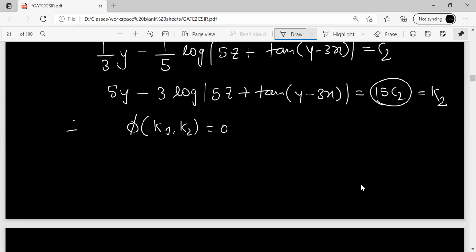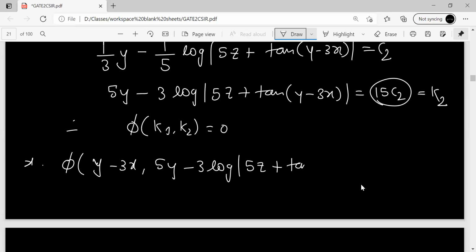You can write it in the blended form: phi of y minus 3x comma this entire quantity, 5y minus 3 times log of 5z plus tan of y minus 3x, equal to 0. That's the solution.